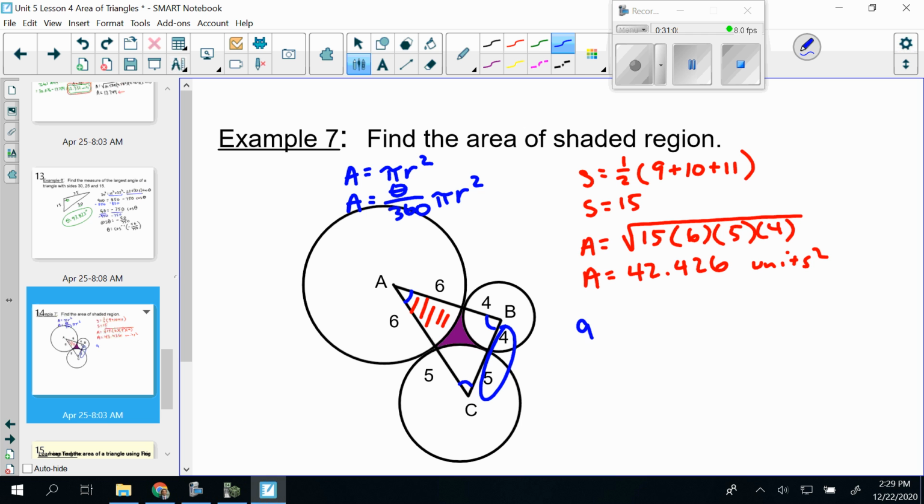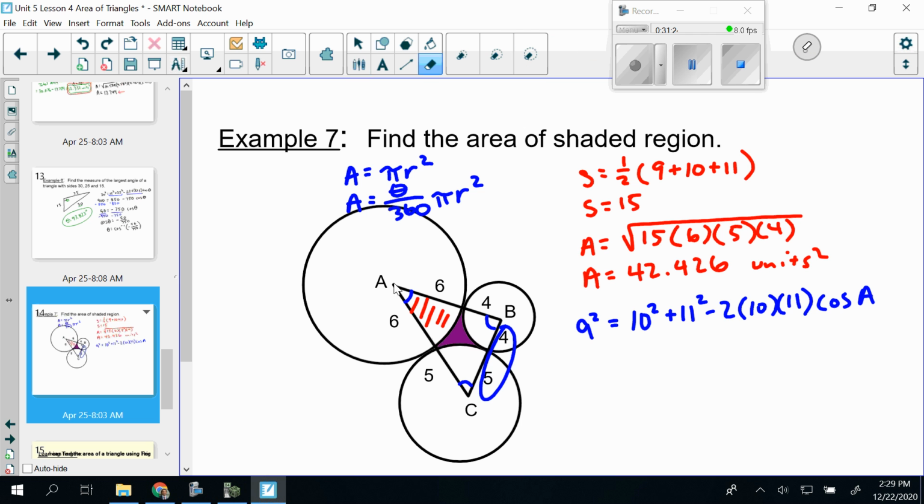So I have 9 squared equals my other two sides squared, 10 squared plus 11 squared, minus 2 times those same two sides, times cosine of the angle opposite, which is my angle A. If I solve this out, I will know that angle.